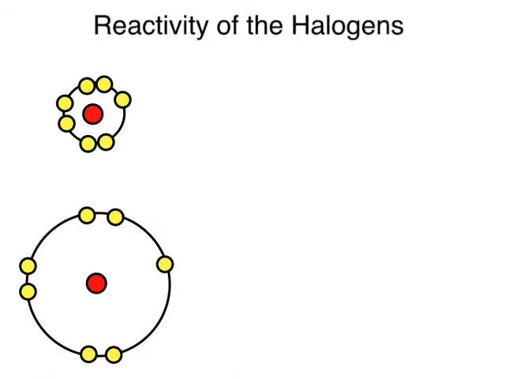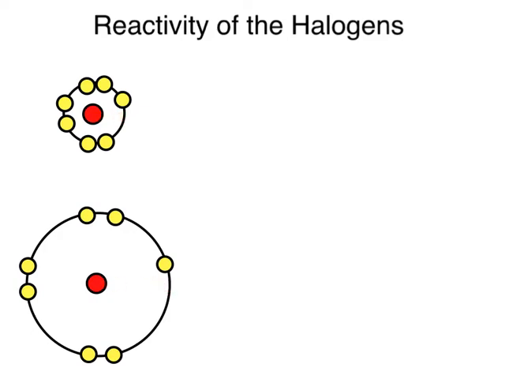Now the reason why is to do with their electron shells, or their outer shell of electrons. Fluorine, the smaller one that we can see here, is going to be more reactive than the bigger one, and that is because the space in that outer shell for an electron is closer to the nucleus than it is here.